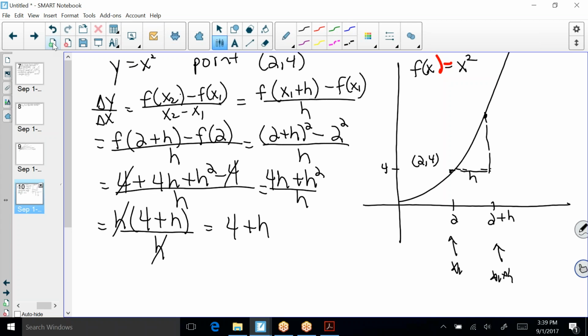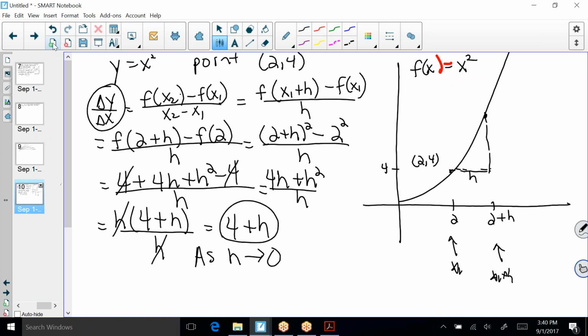Okay, so now we're going to look at what happens as that h gets really small. So as h approaches 0, so I'm going to write it like this. As h approaches 0, that means that h is going to get really, really small, just like before. This is our slope. Remember, this is our delta y over our delta x.